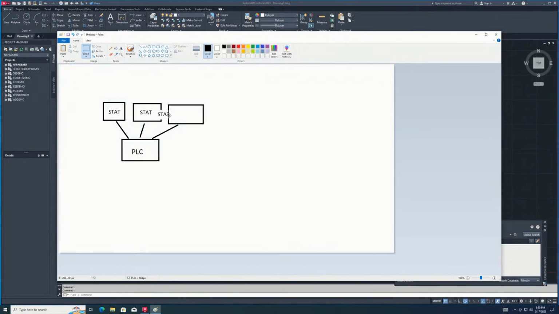Paste it again, get another stat. So these are for each room. And after this, these are just gonna go to the PLC. Let's put this system in, just draw a line here. Let's just say room 1, room 2, room 3.